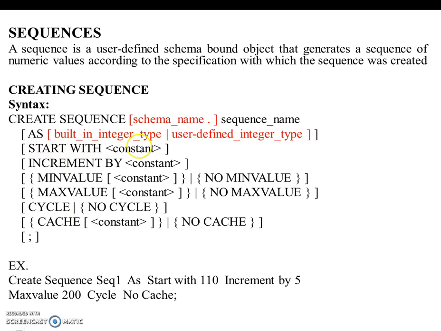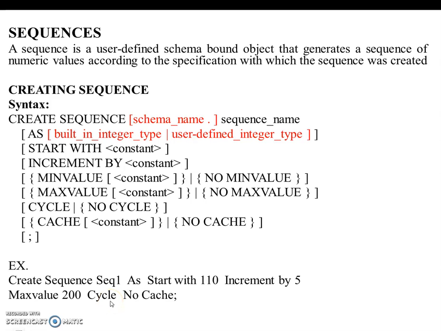So I am giving here the value 110 as the start value. Then I am giving the increment value as 5. Then I have kept the max value as 200. I have given a cycle. I want to again start with 110 and again reach 200. So I have given here a cycle.